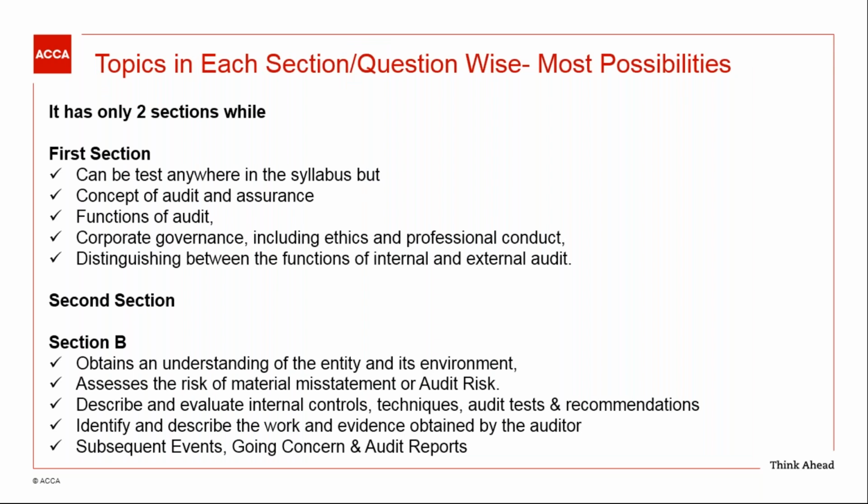Then we discussed the most tested topics in the first section and the most tested topics in section B. Based on this analysis, we shortlisted a few topics which cover most of your course. If you grasp those topics in today's session and the next 3 sessions, you will have the maximum chances to pass that paper.